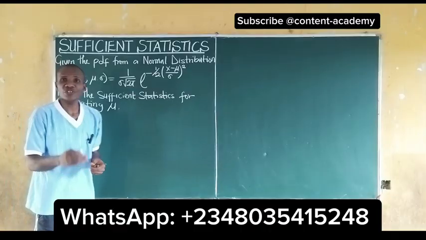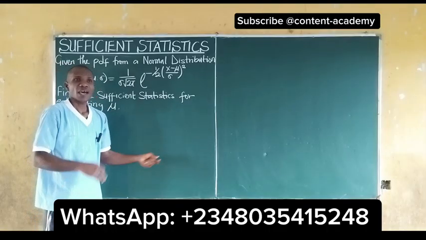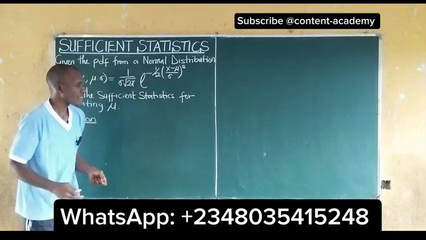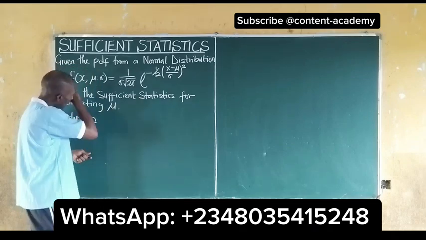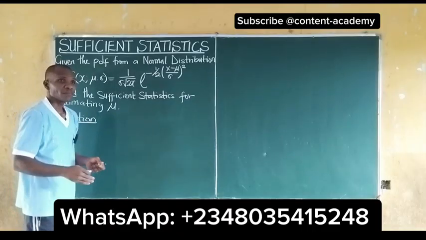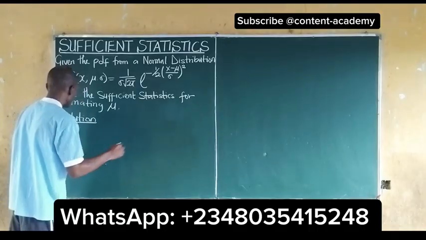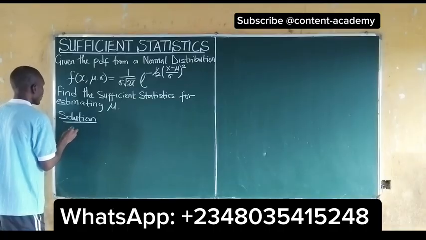The factorization theorem is used in solving sufficient statistics. The factorization theorem states that for any PDF to be a sufficient statistic, that PDF must be able to be factored out into two components. What are the components?